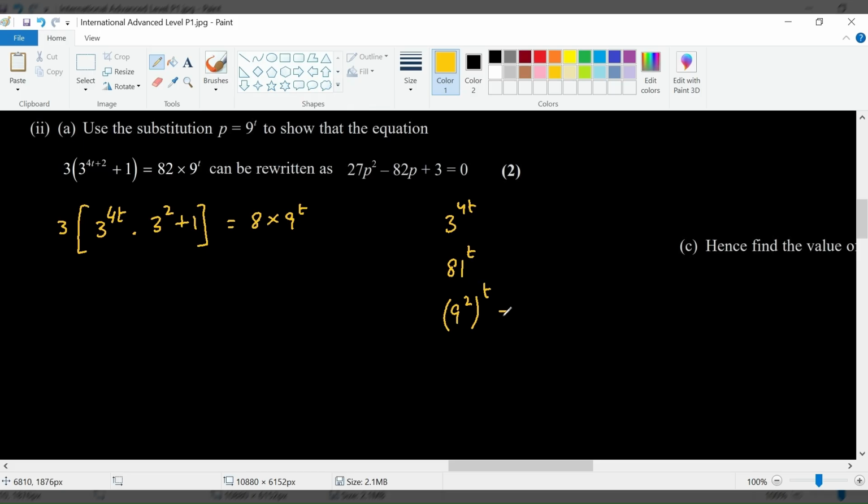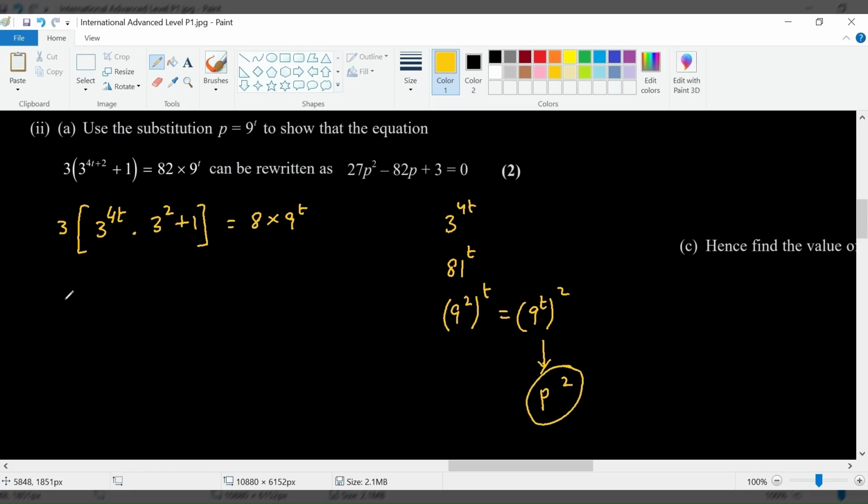Is it possible that I can write 9 to the power t square, something like this? Yes. And in this part, the question says 9 to the power t is equal to p. So is it possible for me to write this whole thing as p square? Because in the question it says that 9 to the power t is equal to p, and I can write this as p square.